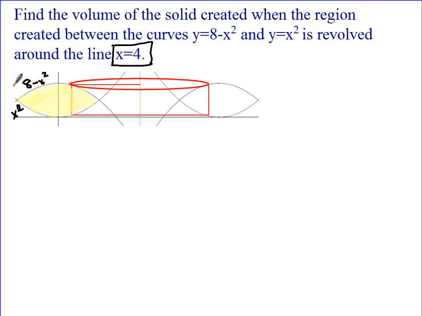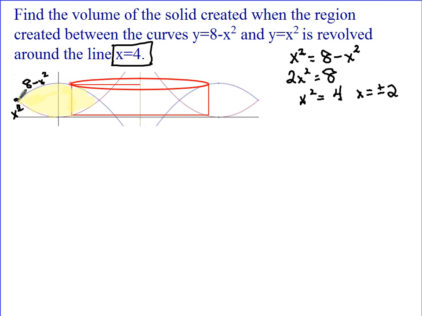Okay, we can figure out what those points are, right? We can say x squared equals 8 minus x squared. Add x squared to the other side, we get 2x squared equals 8. Divide by 2, x squared equals 4, x equals plus or minus 2.